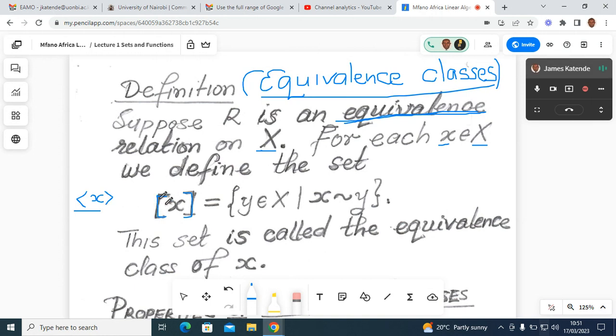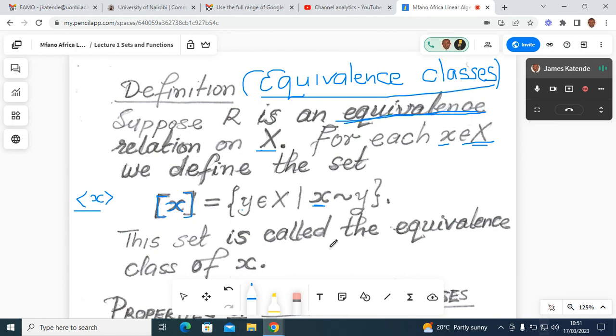So these square brackets simply mean the equivalence class of x, and it's defined as all the elements in capital X which are related to this small x. So this set as defined here is called the equivalence class of this element of the capital X.